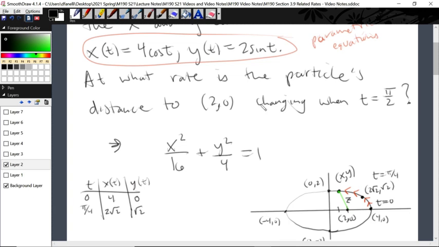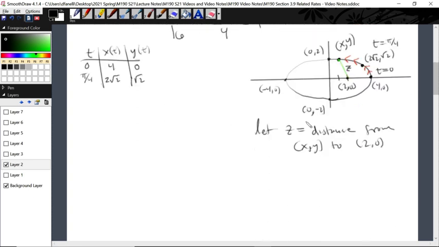We want to know how fast that distance is changing when t is equal to pi over 2. So we want to find dz dt, the rate at which the distance between the particle and that point is changing with respect to time, evaluated at t is equal to pi over 2.